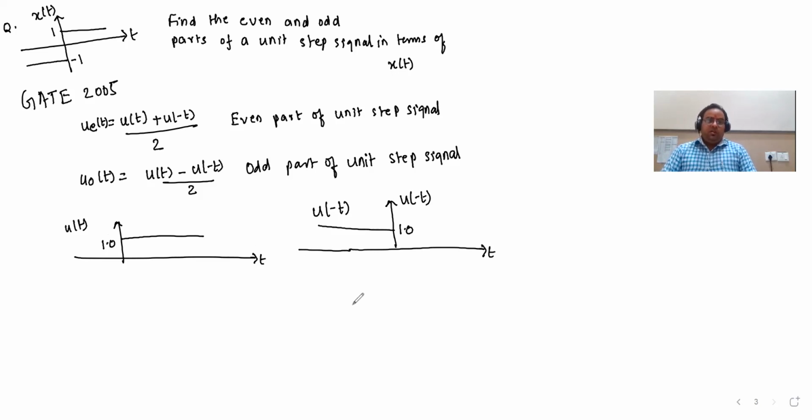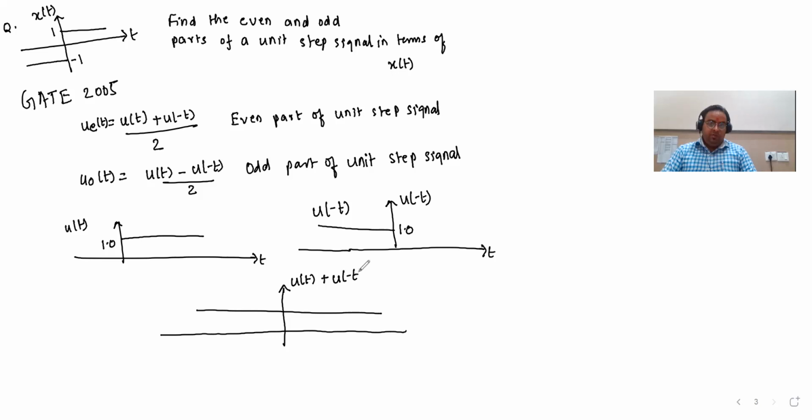If I try to calculate u of t plus u of minus t, I'll get a simple constant value of 1.0.